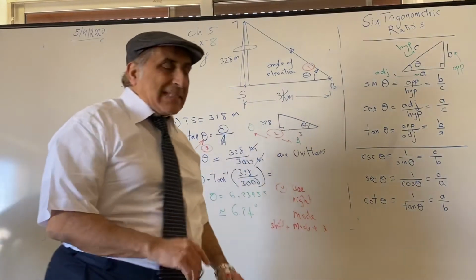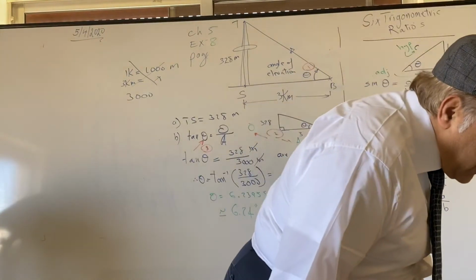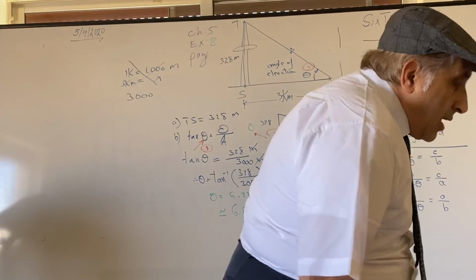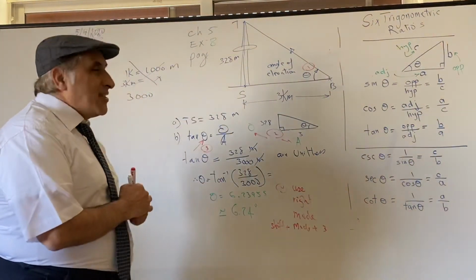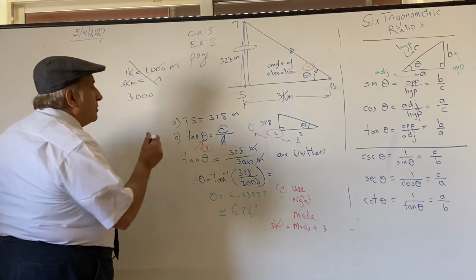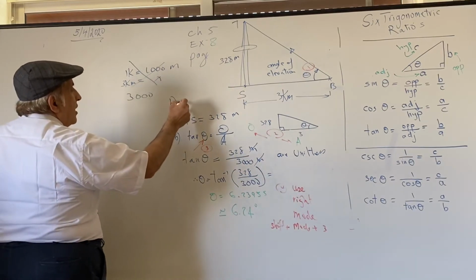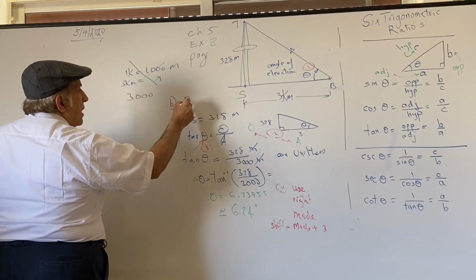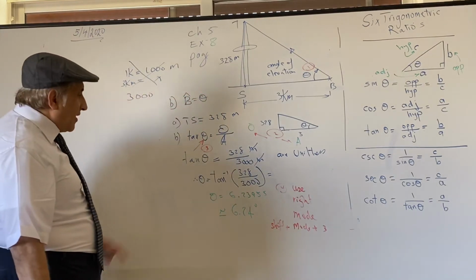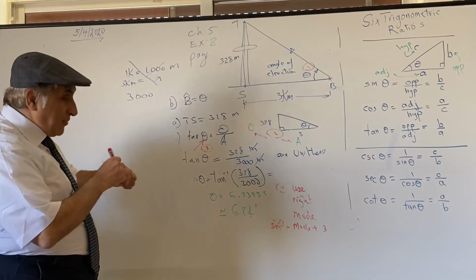Let's look at part C. Actually, in part B, he asked us to label the angle of elevation. We labeled it and named it theta. Part C, see how nice, we already did it.